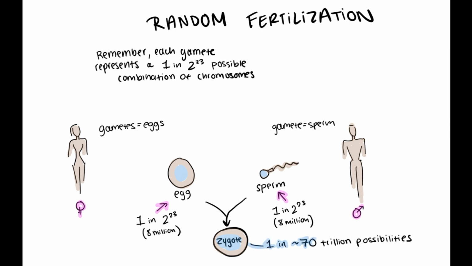If we combine the 8 million possible gamete combinations from each parent, the total number of possible zygotes is around 70 trillion. That's 8 million times 8 million. And that's even without considering the extra mixing from things like crossing over. So the combination of these three processes ensures that each new individual is truly one of a kind.